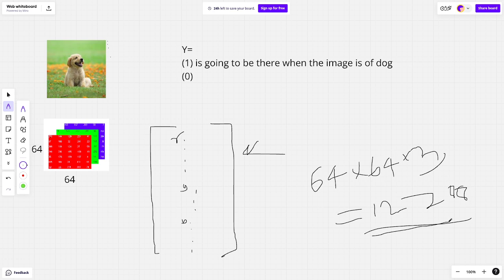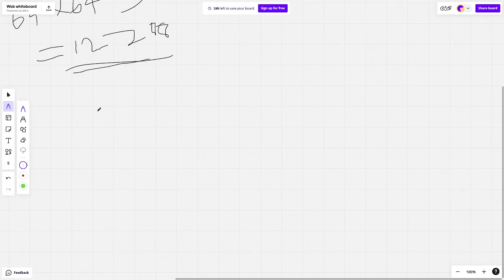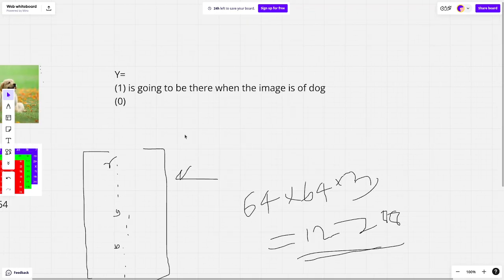That will be the number of dimensions we have. For brevity we will use this notation, where the number of dimensions is nx equal to 12288. What we will call the feature vector is x, and what we will call y is what we kept y as before.